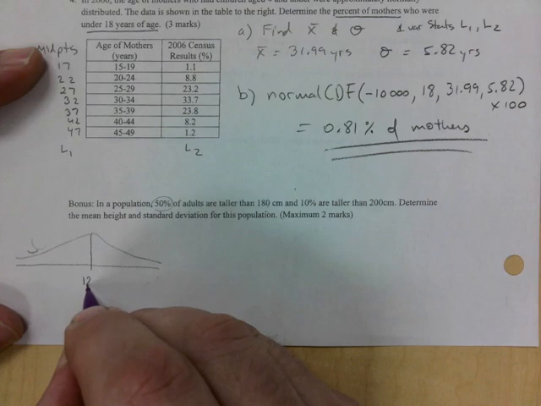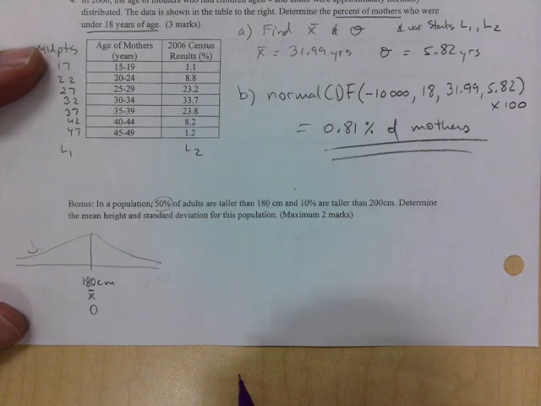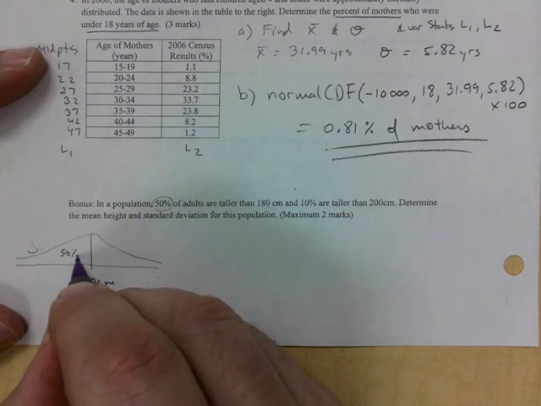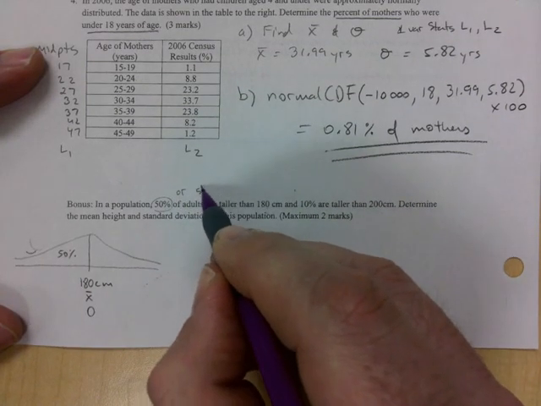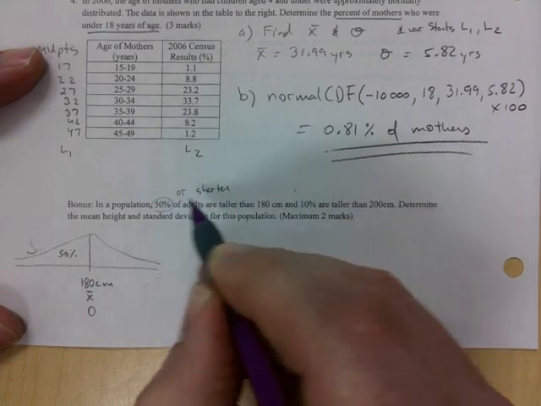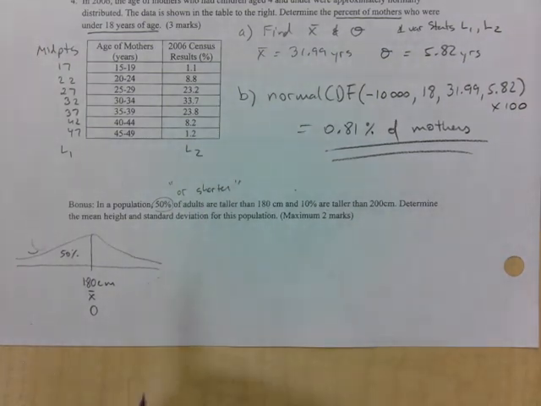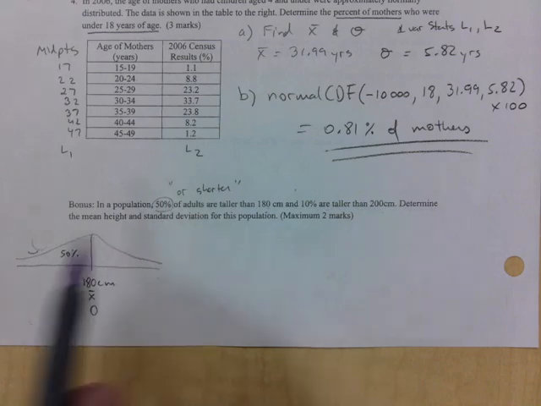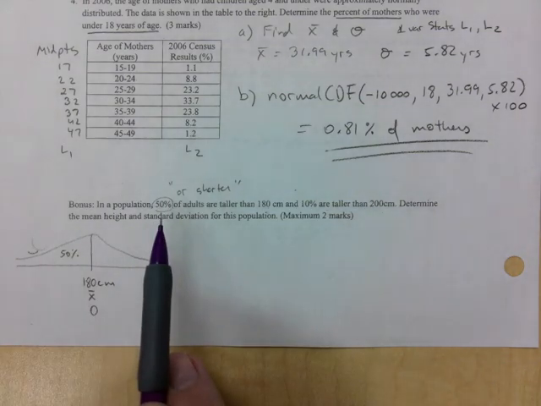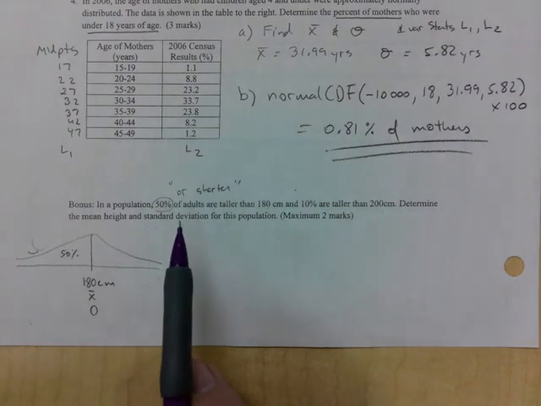So we in fact are given the mean, which has a z-score of 0, okay? Because we know that this is 50%, or shorter at the same time. Okay, 50% are taller, meaning 50% are shorter. If it said 40% are taller, that would have meant 60% are shorter. So if you give me above, I know the percentage below and vice versa, right?